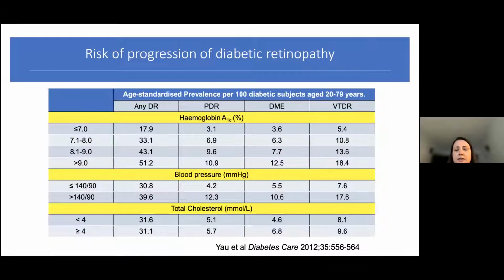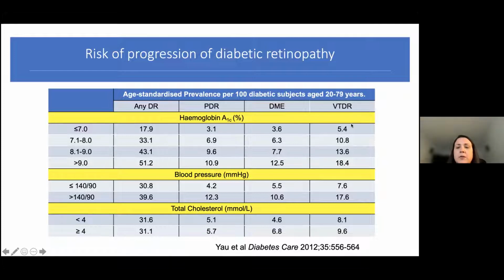And this study was a systematic review of, I can't remember, about 32 different studies looking at progression of retinopathy. And these HbA1c results here, these are in old money, they're in percentages. So if you have an HbA1c of 7% or less, then around about 18% will have some form of retinopathy.